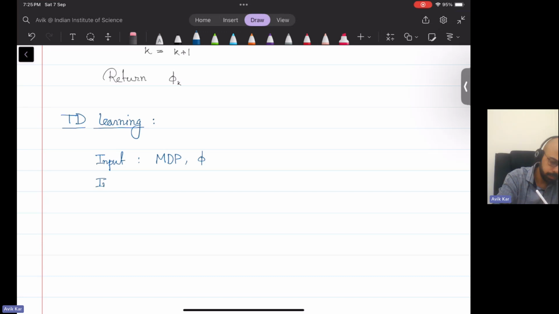To initialize, we have it as zero. It's all zero functions. So here, this is a function. So I should write V hat of s equals 0 for all s.